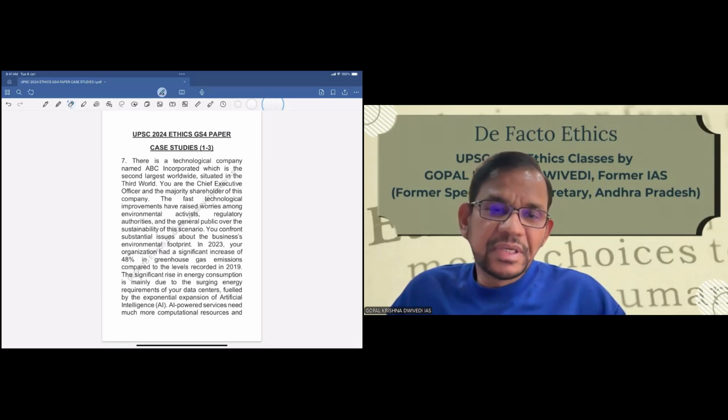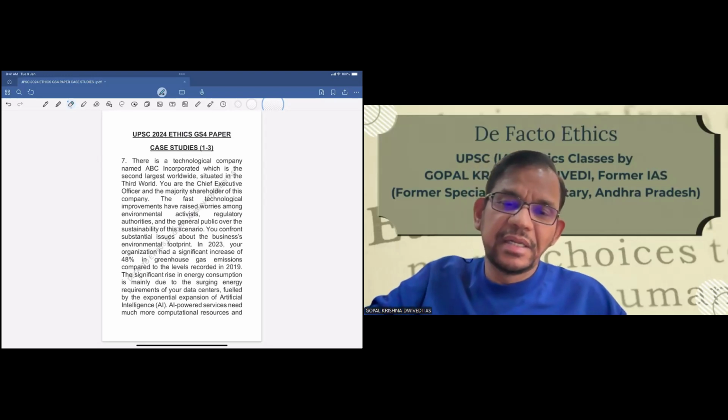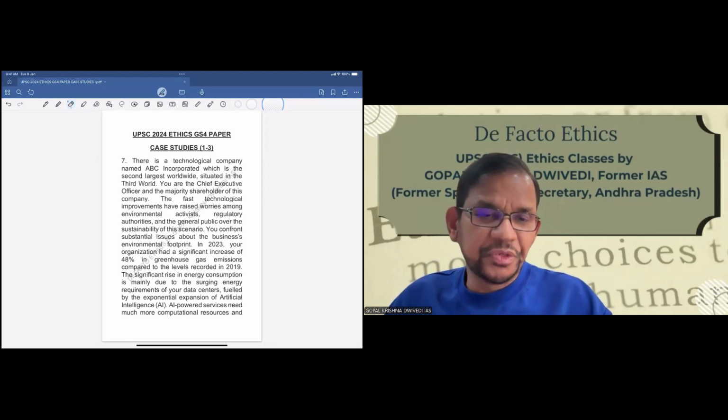You confront substantial issues about the business environmental footprint. In 2023, your organization had a significant increase of 48% in greenhouse gas emissions compared to the levels recorded in 2019. The significant rise in energy consumption is mainly due to the surging energy requirements of your data centers, fueled by the exponential expansion of artificial intelligence.